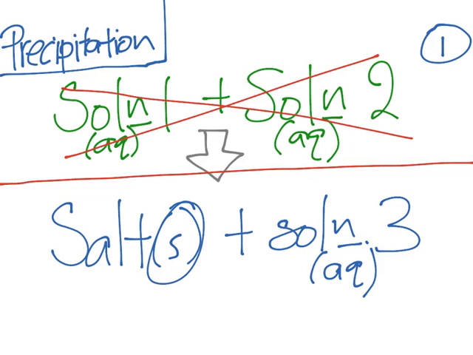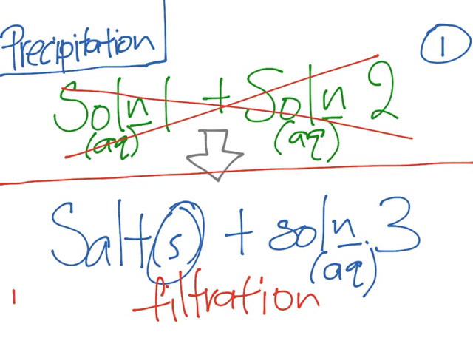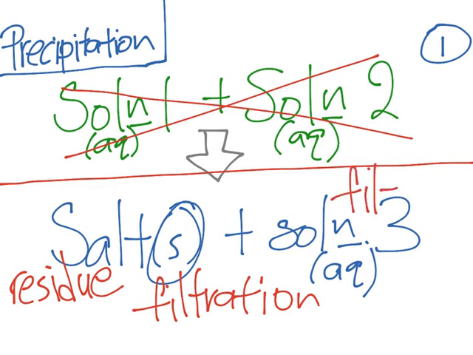If something is solid and it is suspended within a solution, what method do you use? You use filtration. In the end, this insoluble salt is going to end up as a residue, and this solution 3 is going to end up as the filtrate, which we can discard because it is of no use to us.